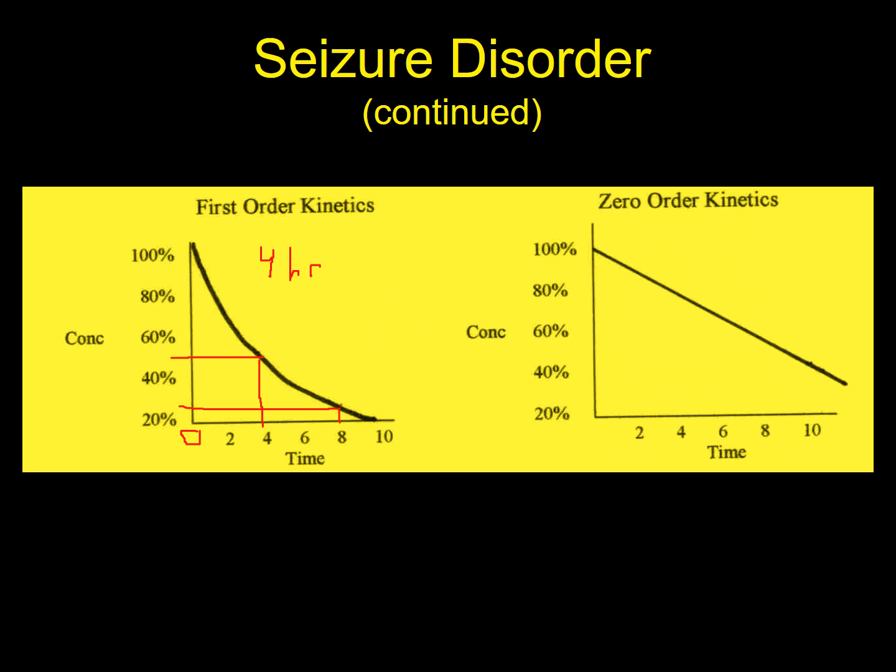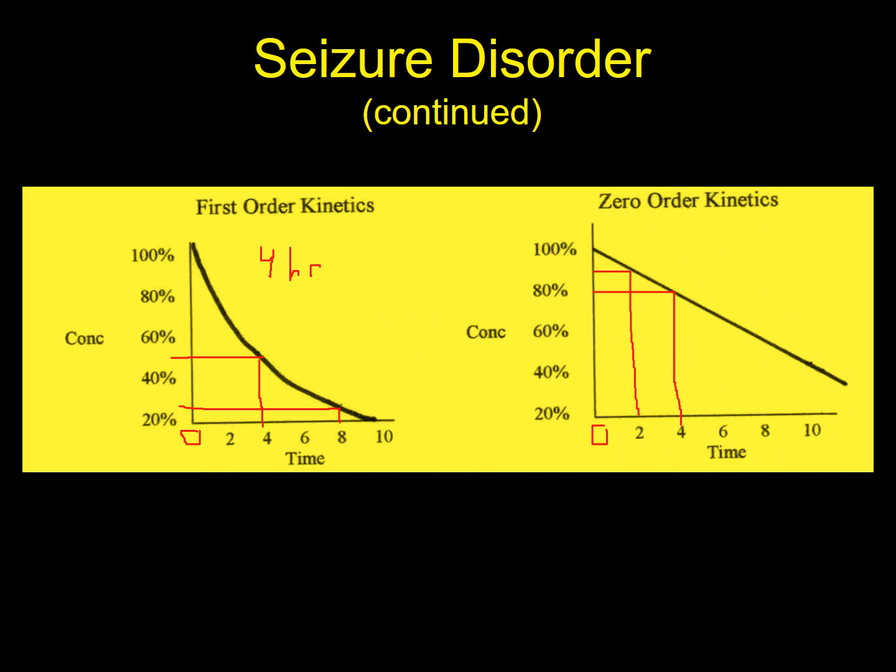So at time 0, you first administer the drug, the patient's got 100% on board. In, let's see, in 2 hours, it looks like, in 2 hours, the patient is now down to 90%. See my red lines? So if in 2 hours they dropped by 10%, in another 2 hours, they'll drop another 10%.